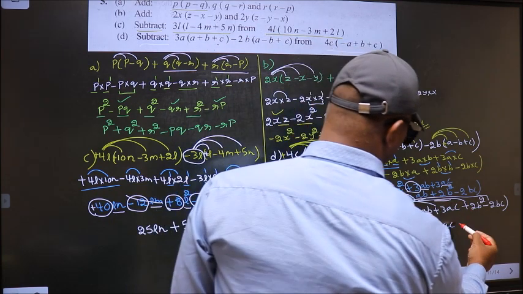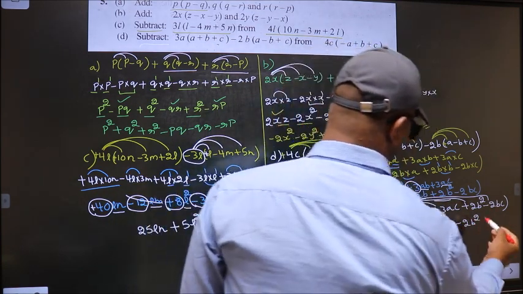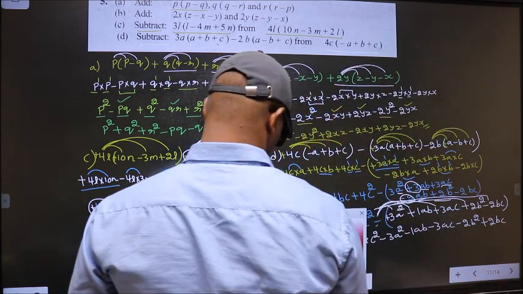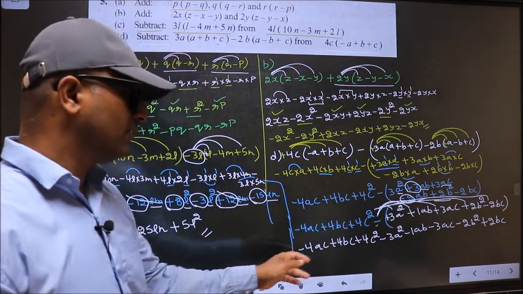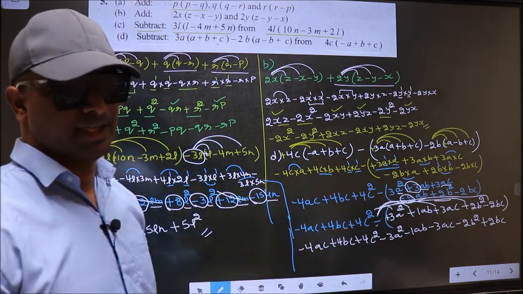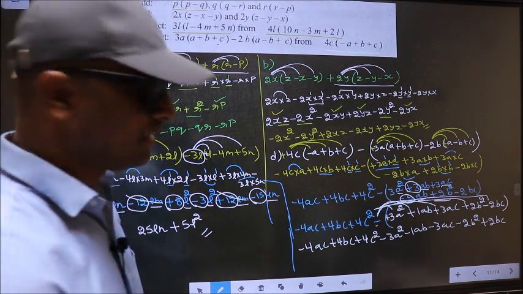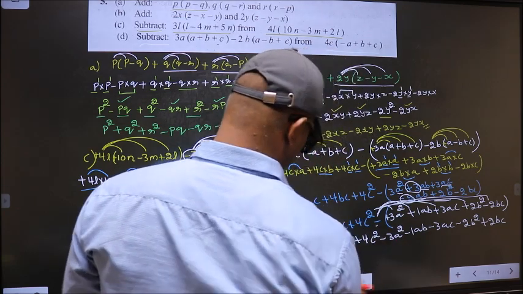Now minus into plus, minus 2B square, minus into minus, plus 2BC. Okay. Now we should simplify it properly. How do we do that? See, first square terms. What I mean is A square term.